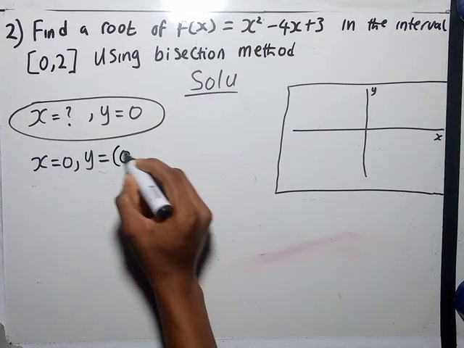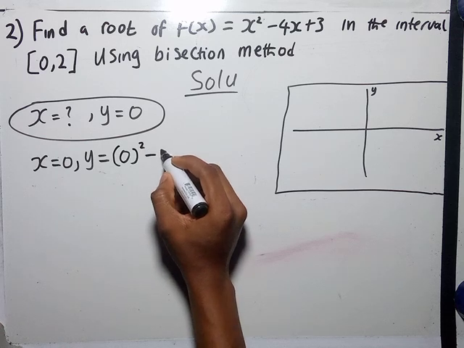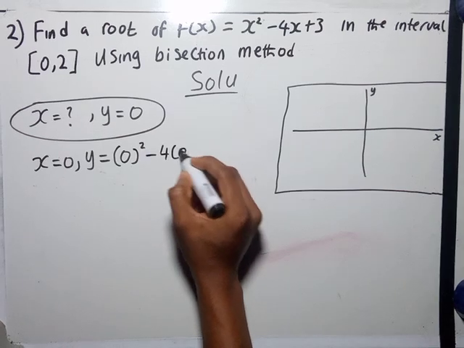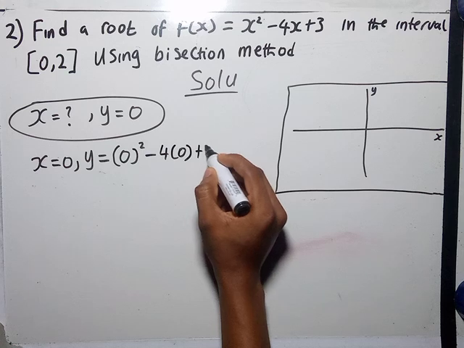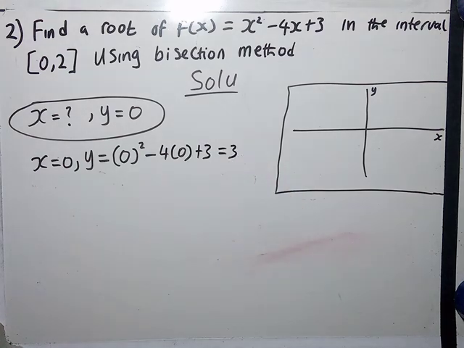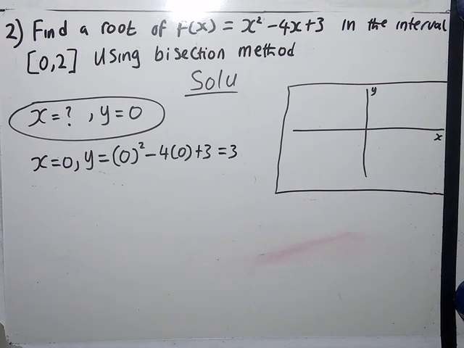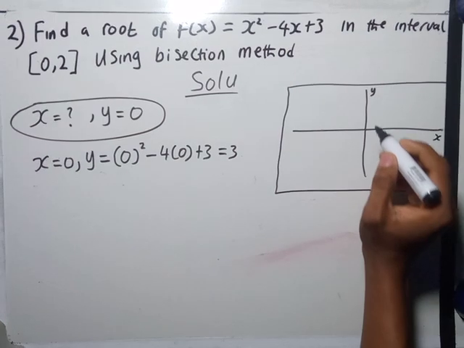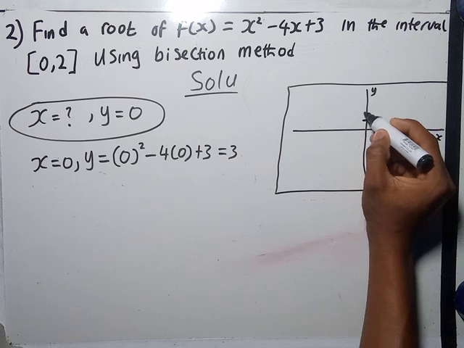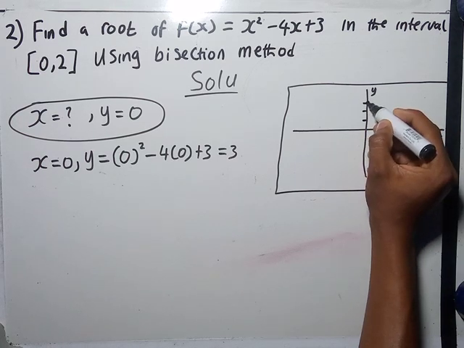That means we'll be having 0 squared minus 4 times 0 plus 3. All of this will give us 3. So when x is 0, y is 3. So we will have 1, 2, 3, and we have our first point here.